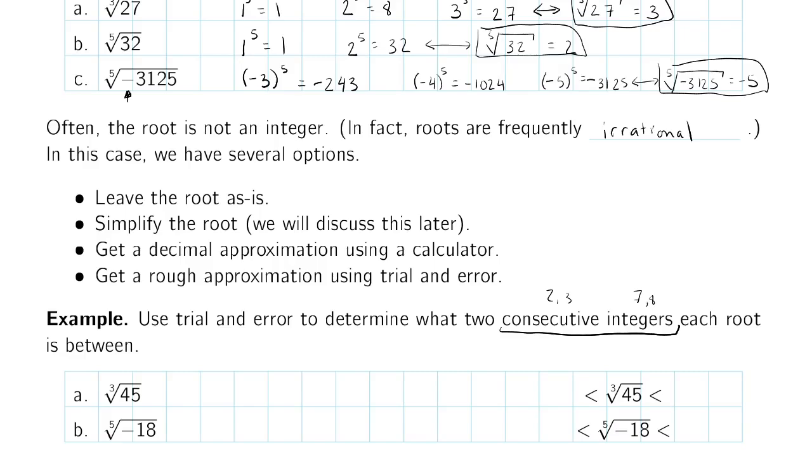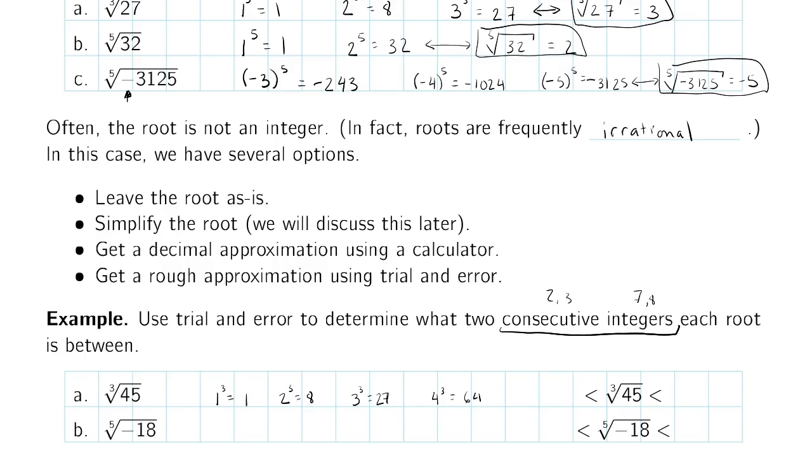So if we want to see what two consecutive integers the third root of 45 is between, we'll look at some third powers. 1 to the third is 1. 2 to the third is 8. 3 to the third is 27. 4 to the third is 64.